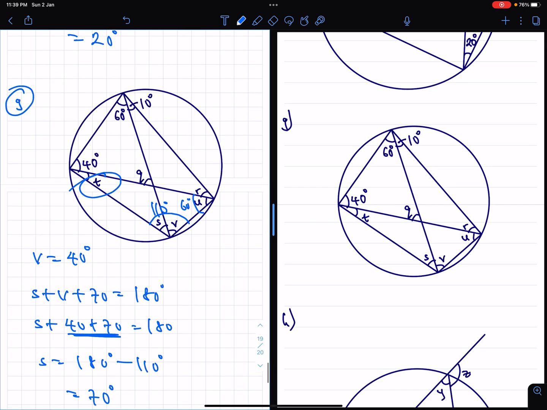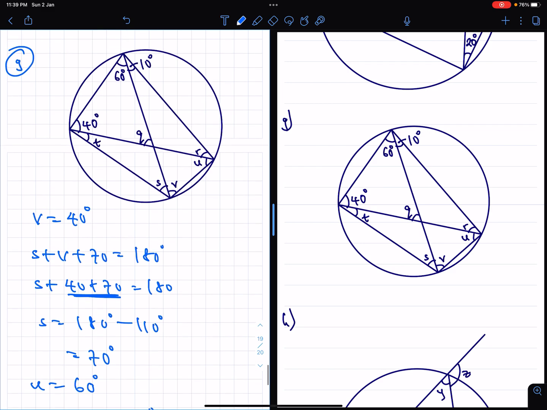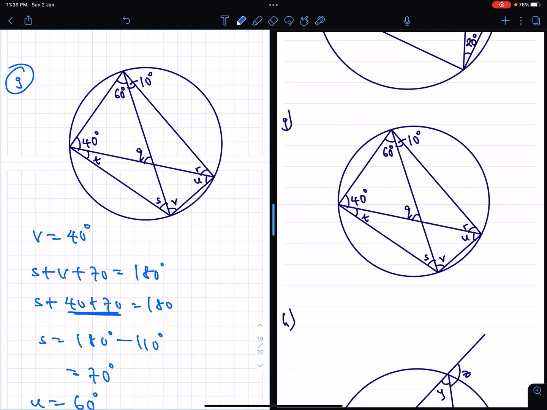Now we're left with angle R and angle Q. Q, by the way, is just 180 minus the sum of 60 and 40. Q plus 60 plus 40 is 180 degrees. Sum of angles in a triangle.